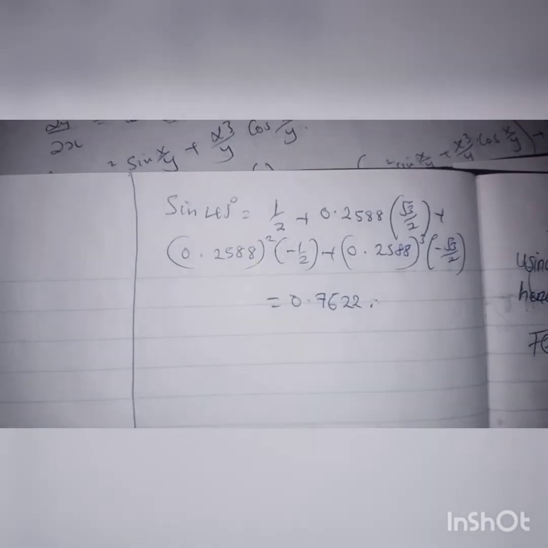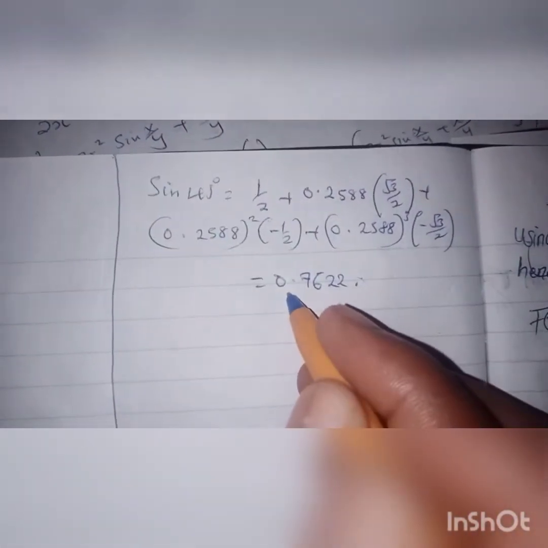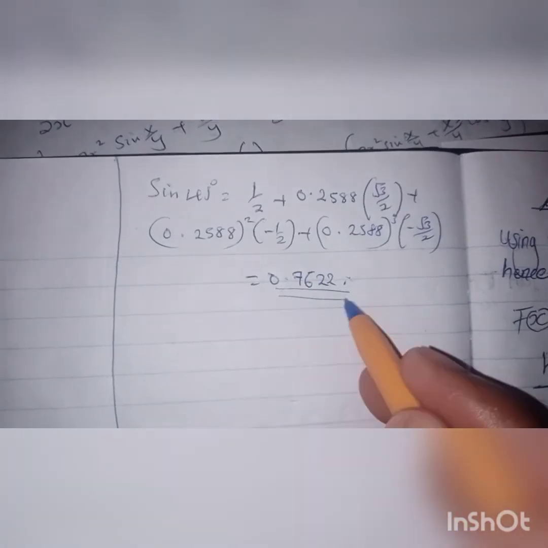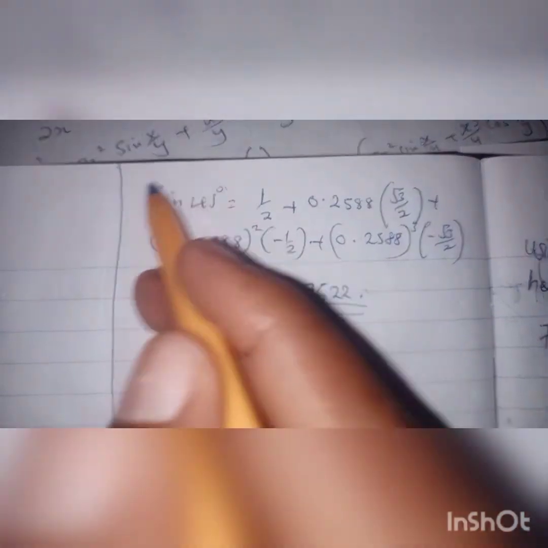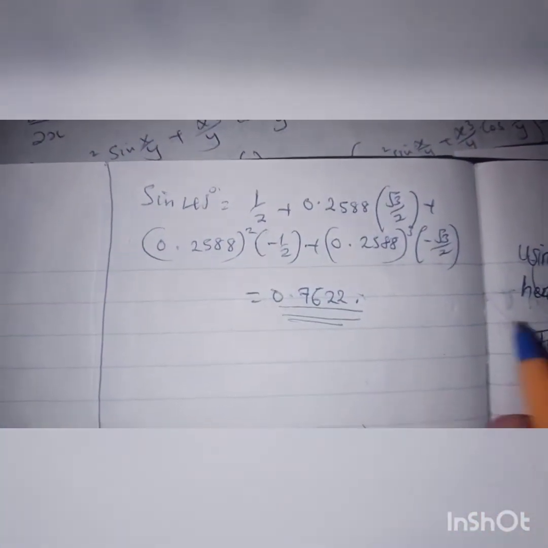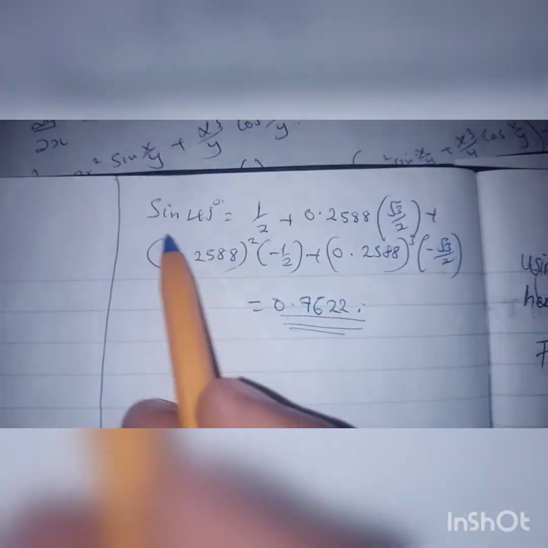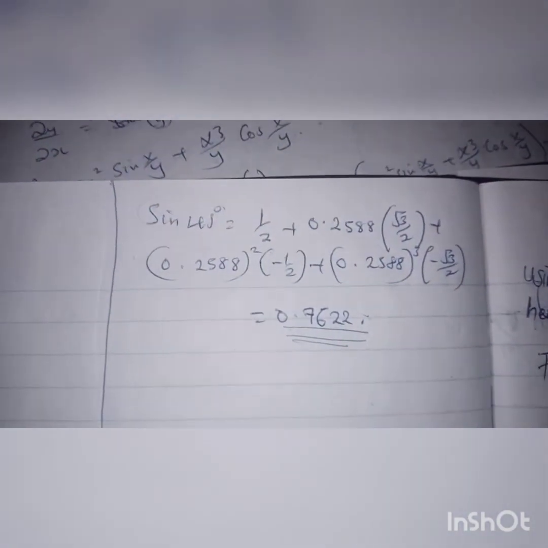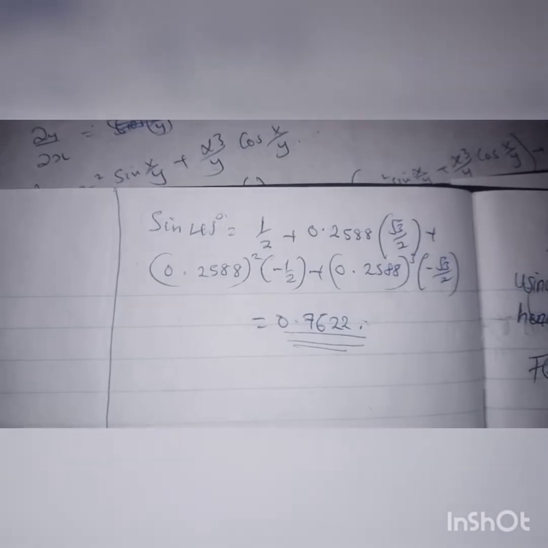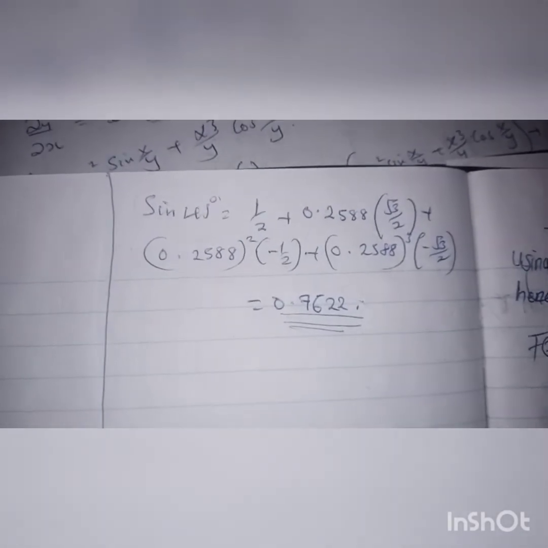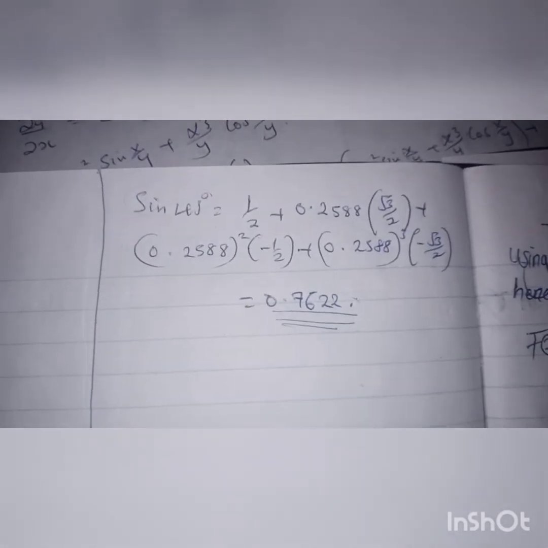Taylor series is an application of this. You expand, then you can find any angle using the small change. You can find the result for the sine of any angle you want.